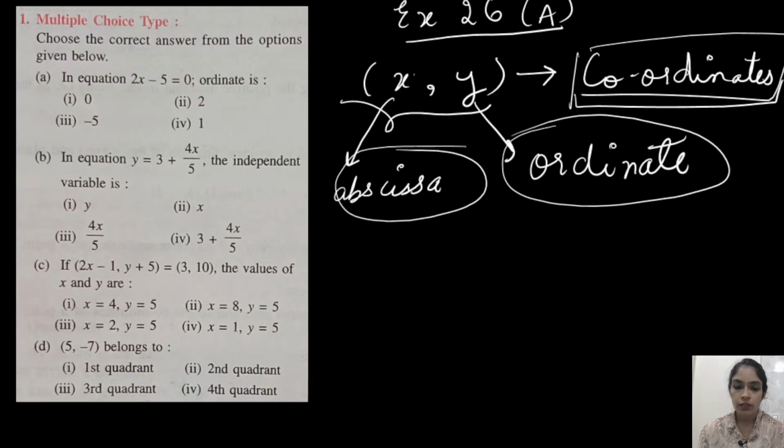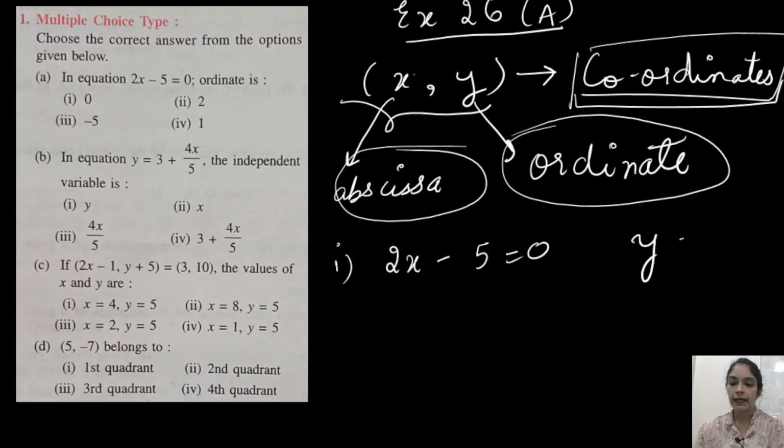In the first question, one equation is given to us: 2x minus 5 is equal to 0. They are asking what the ordinate is, which means they are asking about the y point.